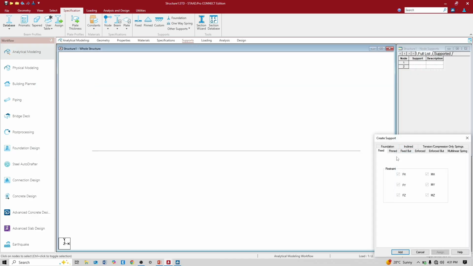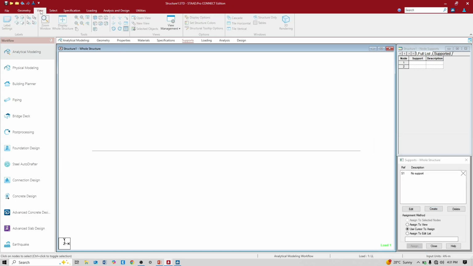At point A it is pin support, that means only Fx and Fy reactions are allowed. See isometric view, only Fx and Fy are allowed.